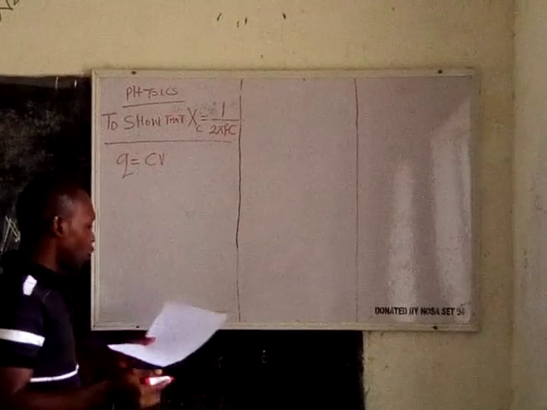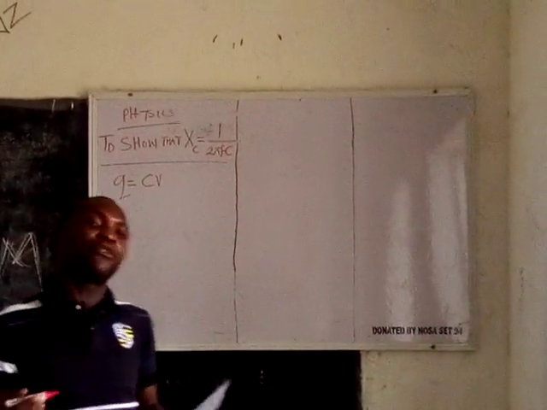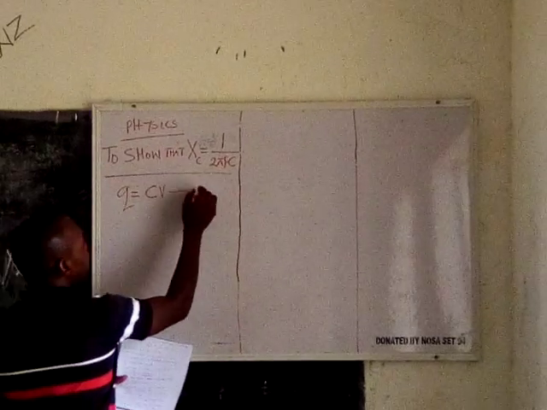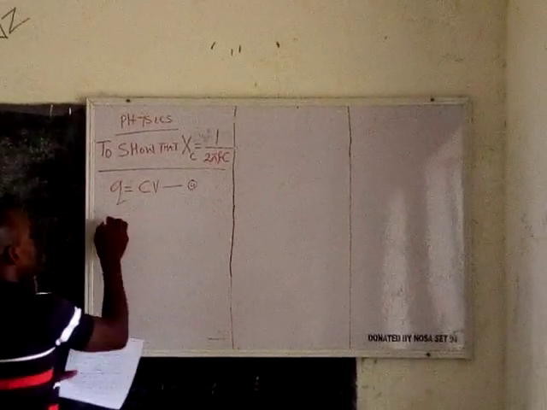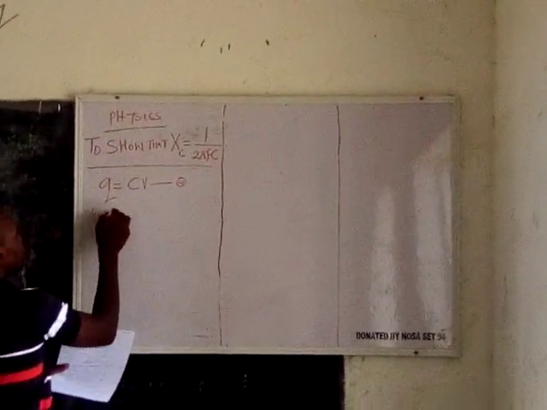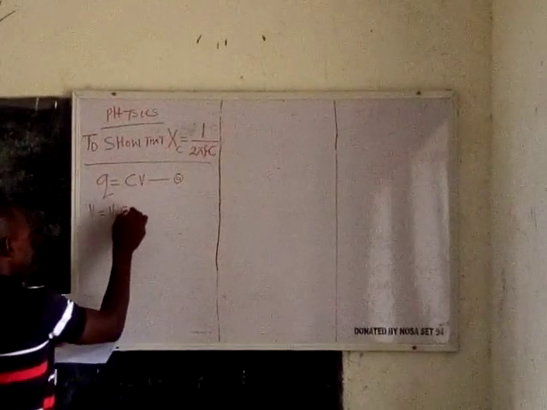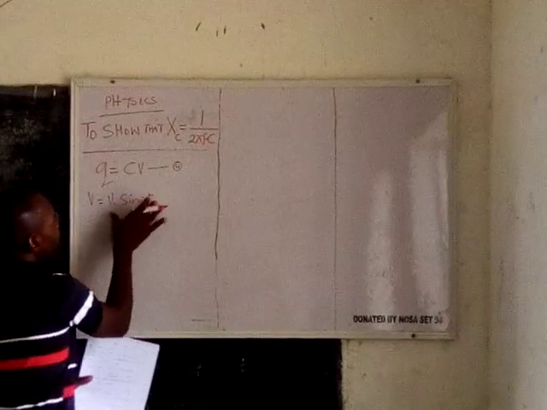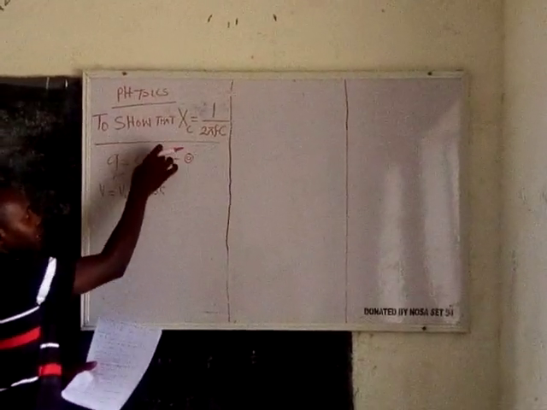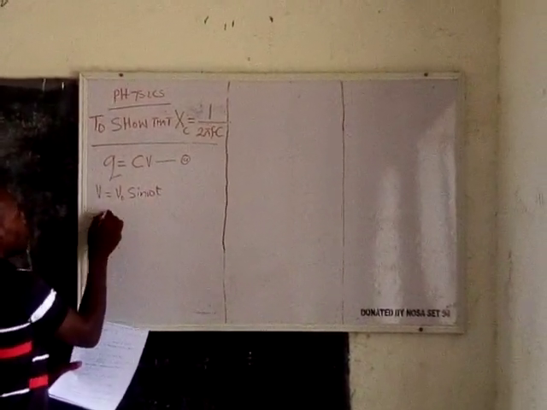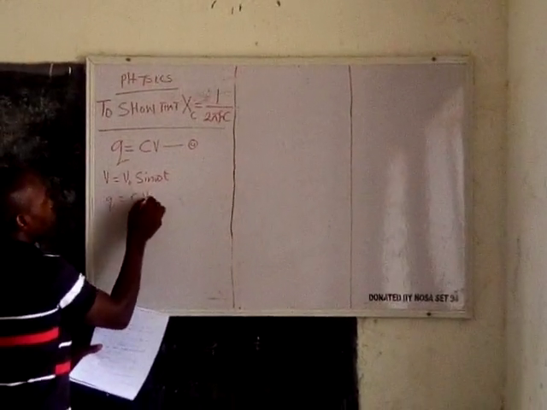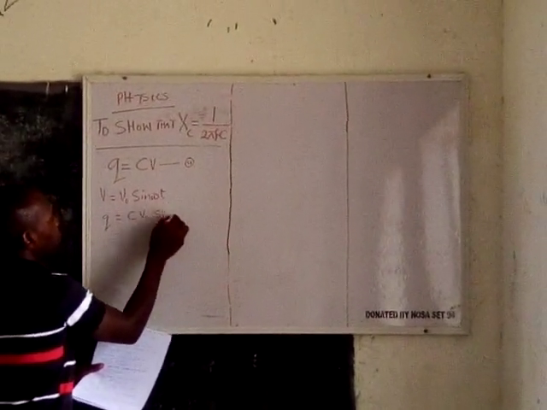And we also know that an alternating voltage is written as, if this is equation A, V equals V naught sine omega t. If we put this in, we will have Q equal to C V naught sine omega t.